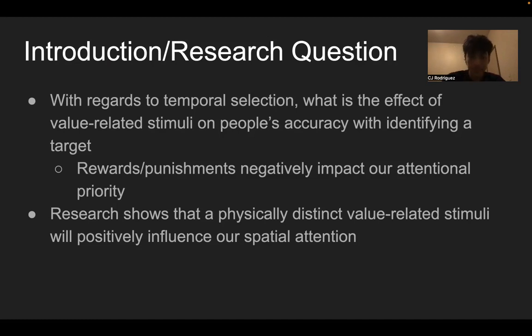Basically, value-related stimuli refers to how rewards or punishments affect somebody's ability to identify a target. And temporal is factors that vary across time but remain the same in space. I'll get into the example of what they mean by temporal selection once I explain the method.